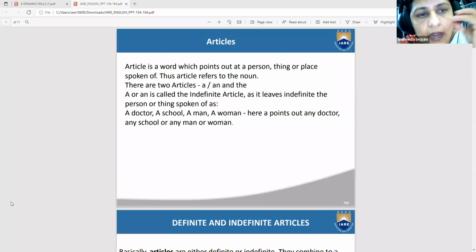So an article is a word which points out a person, thing, or place spoken of. That means it refers to the noun.